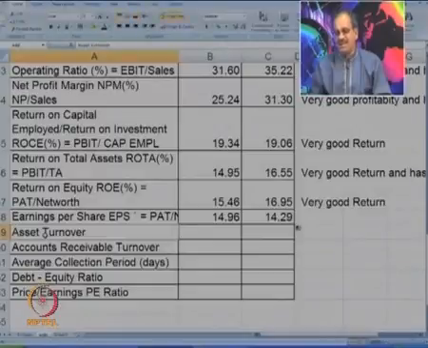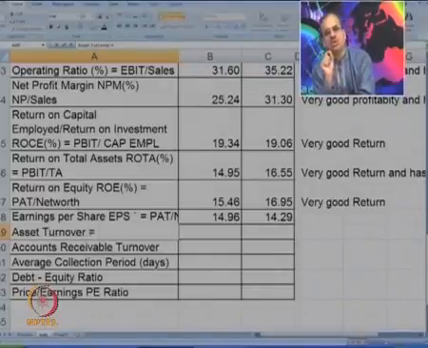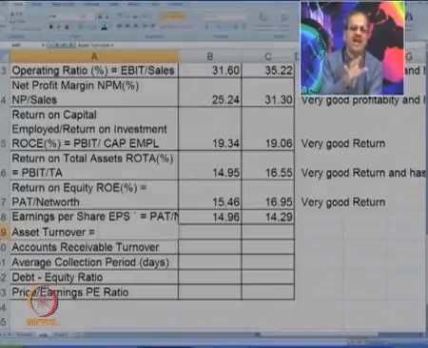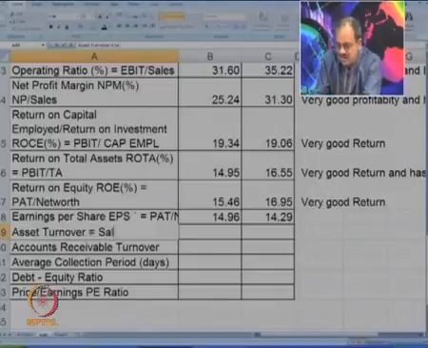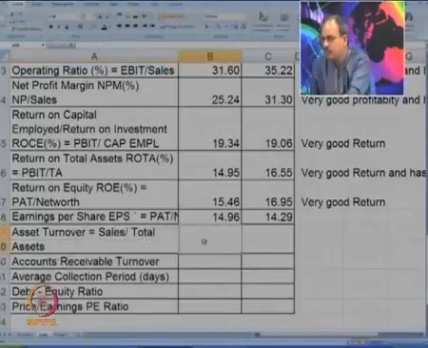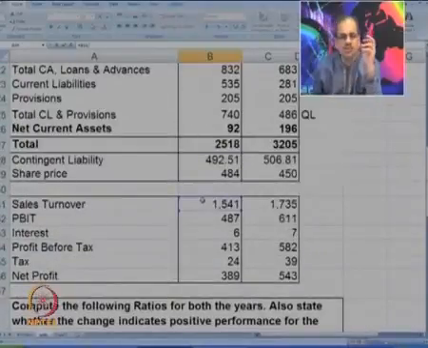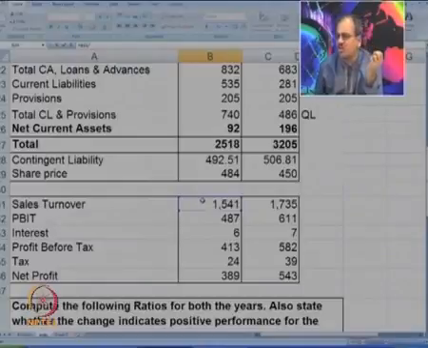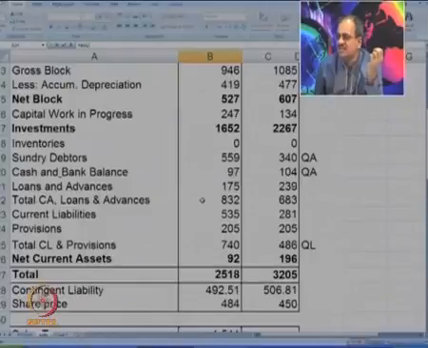Now, we will look at the asset turnover. So, what is the formula for asset turnover? This ratio tries to find how efficiently the assets are being used. So, we will try to link sales to total assets. So, you already know the sale turnover, which is going to be the numerator for all turnover ratios, and we will look at the total assets.